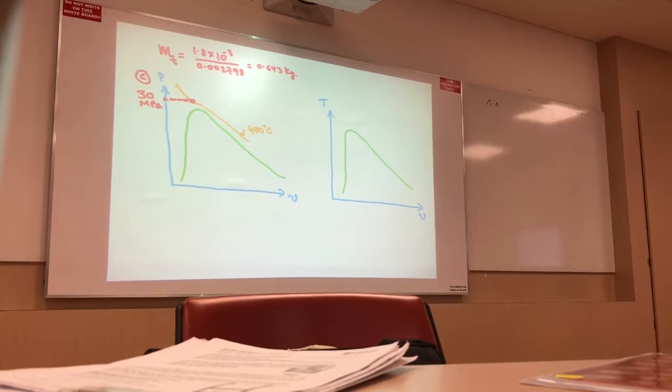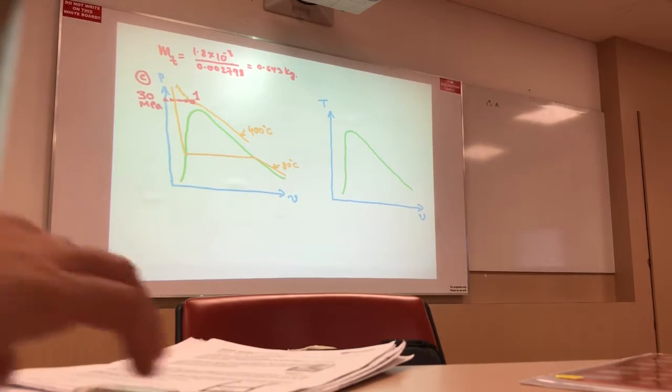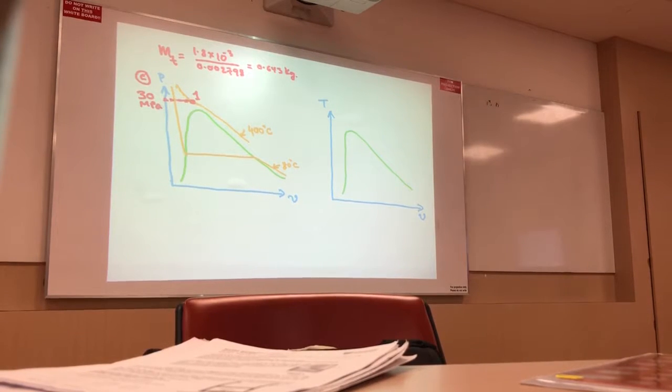So this indicates state 1. So what is state 2? This is state 2. Temperature is 80 degrees Celsius. And what is the final pressure here? This one is the final pressure I get here.